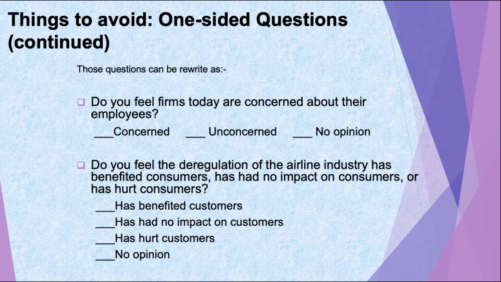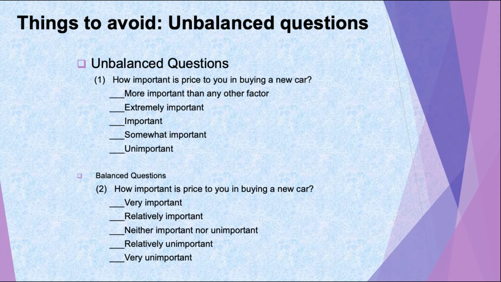Then the answer is concerned, not concerned, or no opinion. Second, we may write it in that way: do you feel that the deregulation of the airline industry has benefited consumers, has had no impact on consumers, or has hurt consumers? Then you will have so many options here: has benefited the consumer, has had no impact on the consumer, has hurt the consumer, or no opinion.